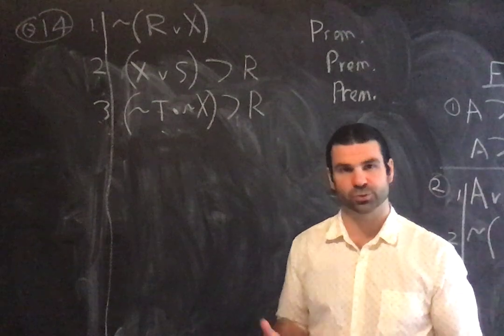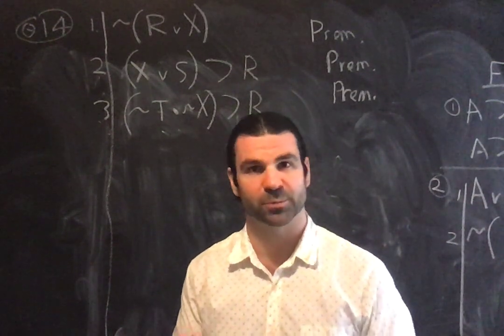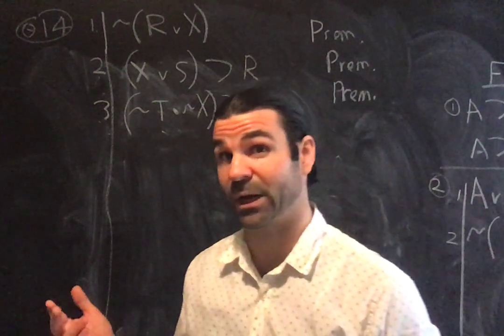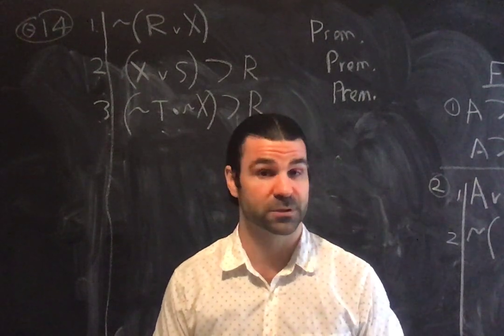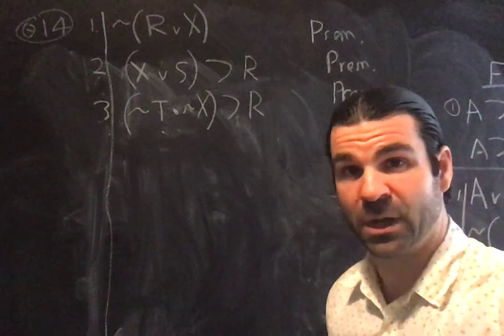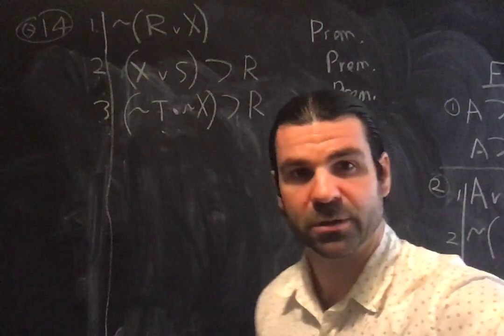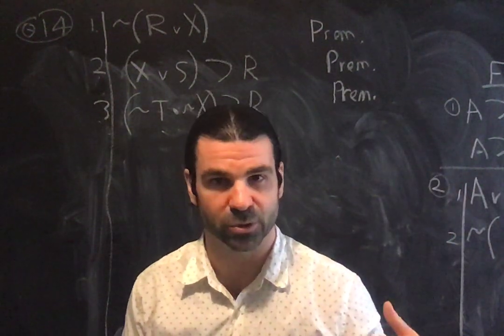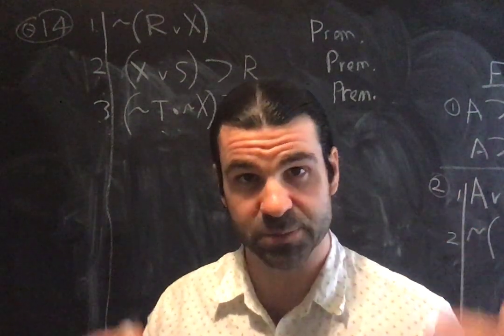This proof is not too difficult. There's a couple of moves that could possibly throw you if you're not very practiced doing proofs, but not too much trouble. So take stock, look at both your premises and your conclusion and grasp what their forms are.